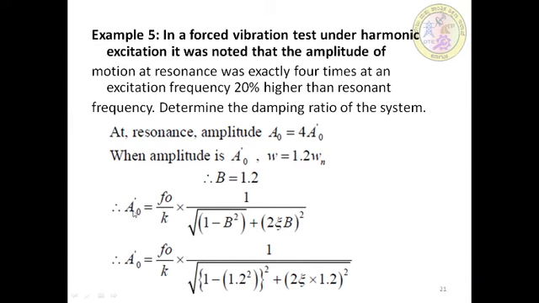The frequency ratio is 1.2. According to the amplitude values, the maximum amplitude is equal to F naught by k into 1 over the square root of (1 minus beta squared) whole squared plus (2 chi beta) squared.